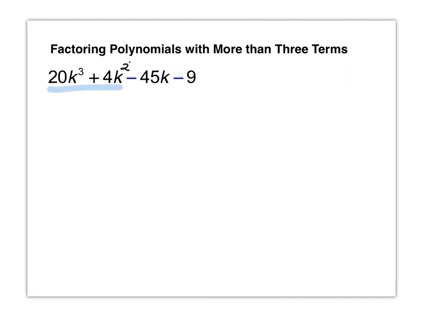I look at the first group, find out what they have in common. I look at the last group, find out what they have in common. In the first group, it looks like there's a common factor of 4k squared. If I factor out 4k squared from the first 2 terms, dividing 20k cubed by 4k squared, I get 5k.